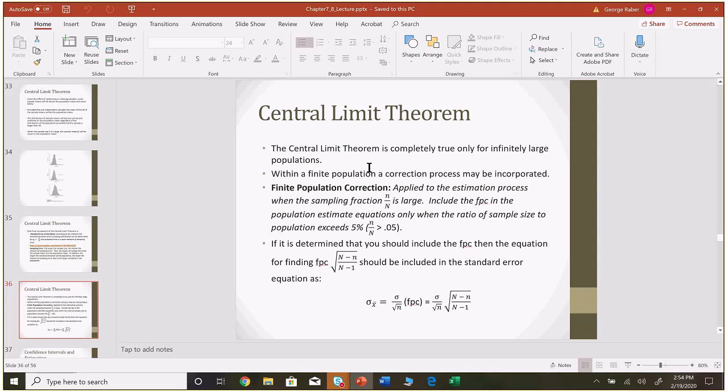But if it's smaller, like 500, then we should use what's called the finite population correction factor to weed that out. Yeah, so that's figure 8.8 in your book. This right here is the finite population correction value.